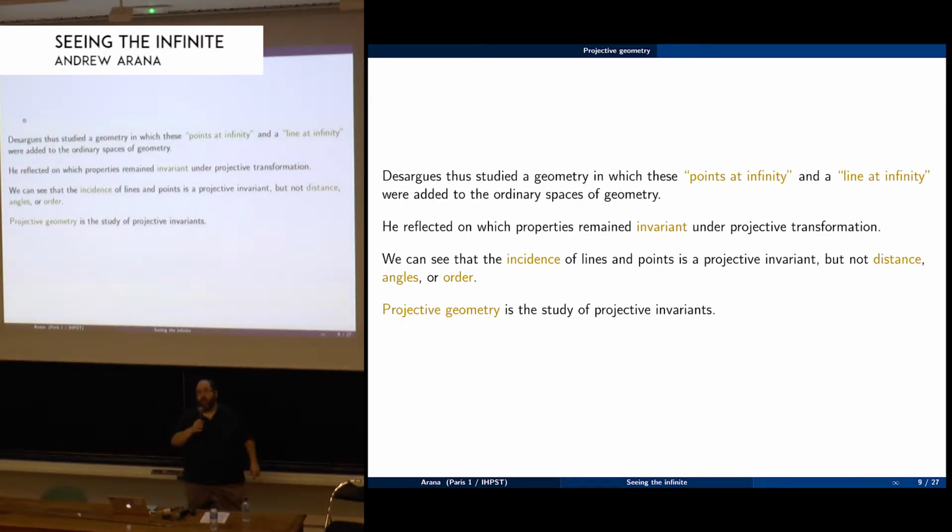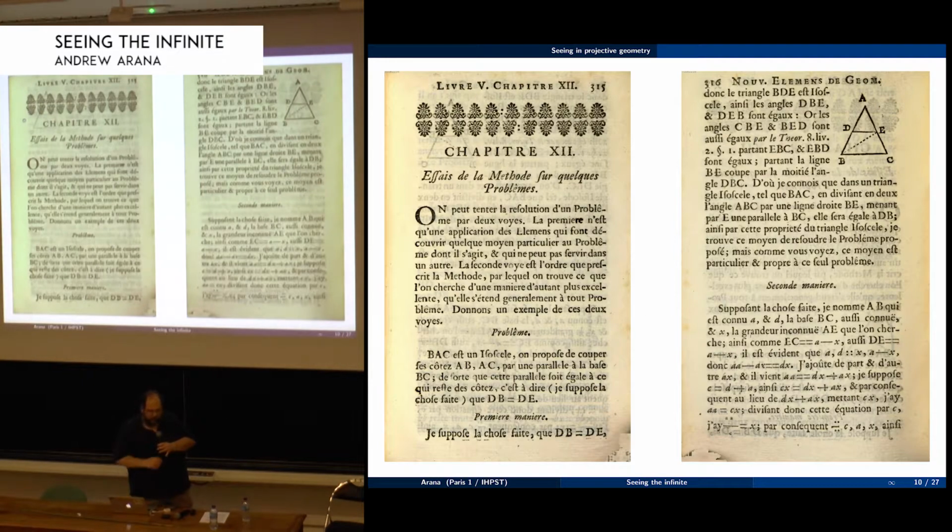Angles are distorted, but what remains constant is the incidence of lines and points. And so projective geometry studies incidence relations between lines and points, and it does so while adding points at infinity, and it does so while adding a line at infinity. And so we can characterize projective geometry in a small phrase as the study of projective invariance, which is to say, more or less incidence, and there are a few other relations that are also projectively invariant. So that's the theory of projective geometry.